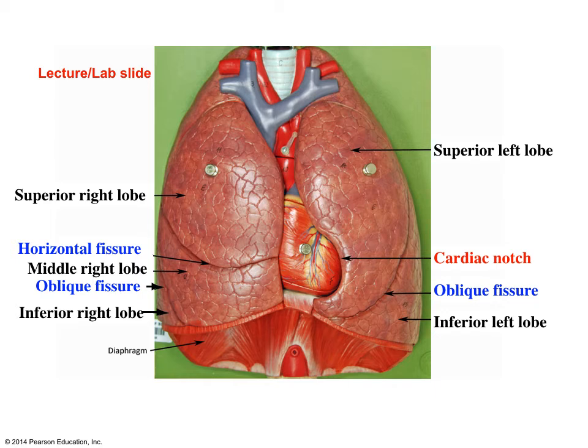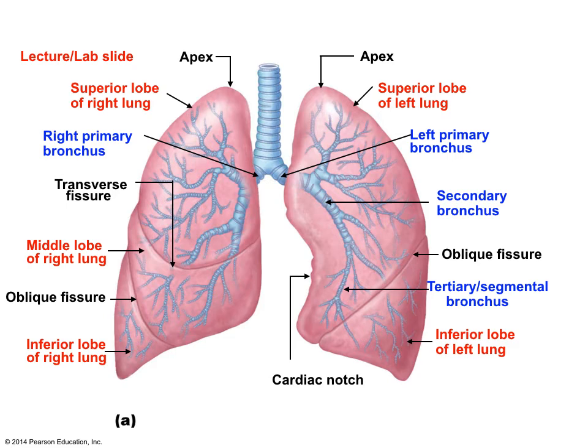The right lung has a horizontal and an oblique fissure, which separates it into three lobes. This diagram again shows the fissures and the lobes. Also, the breakdown of the bronchial or respiratory tree from primary to secondary to tertiary.